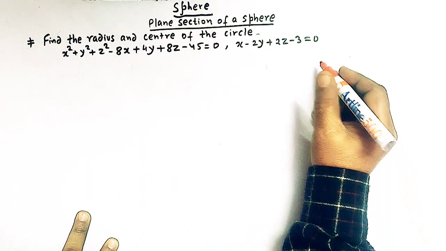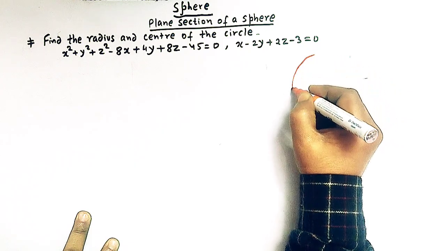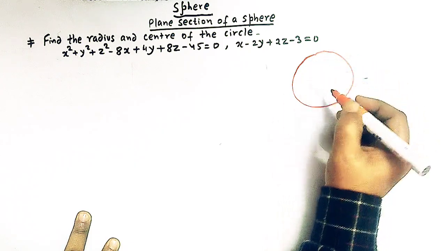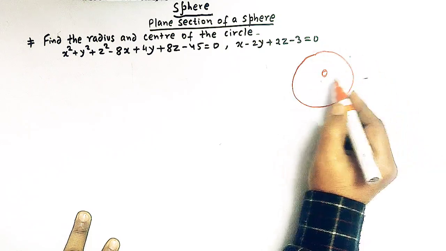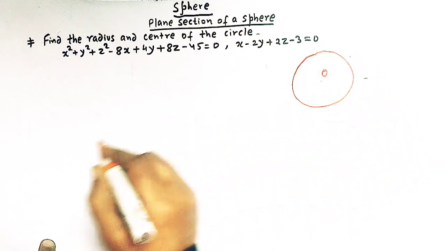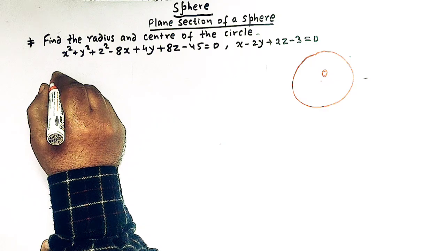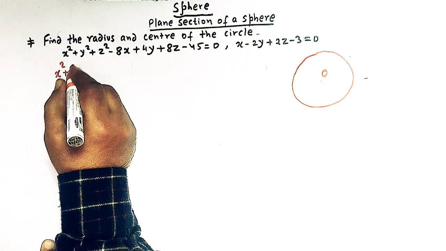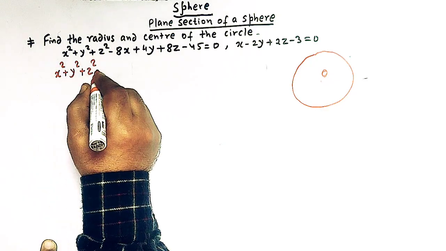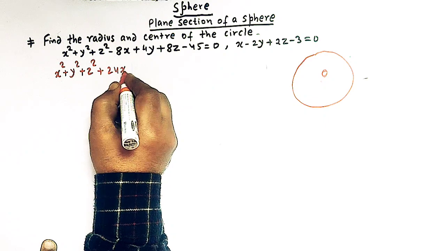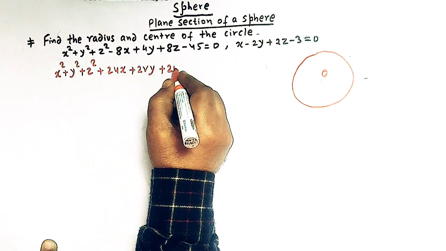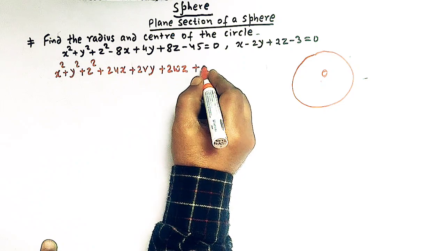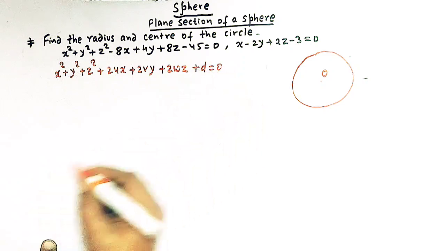So now consider a sphere whose center is say O, right? And O is the center of this sphere whose general equation can be written as x square plus y square plus z square plus 2ux plus 2vy plus 2wz plus d is equal to 0, right?